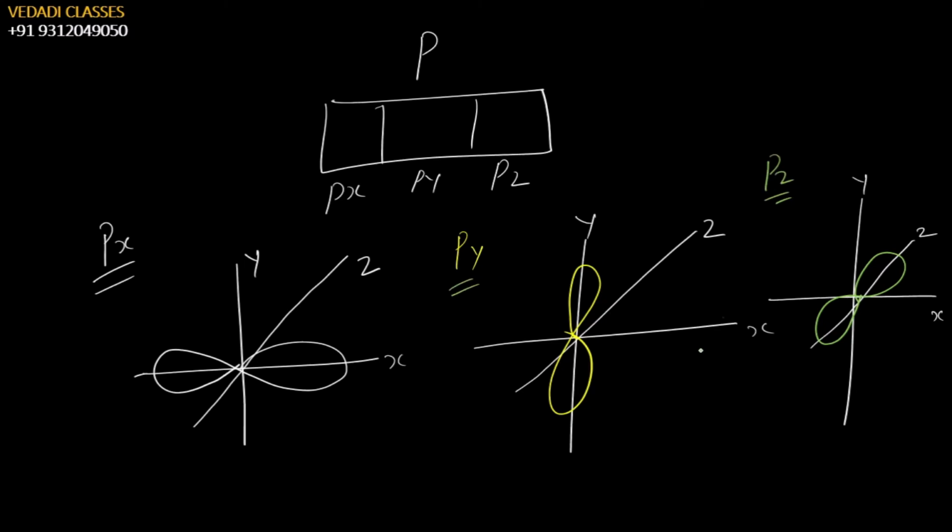So px, py, pz are all formed along their respective axes: x, y and z. Now we'll discuss the shapes of d orbitals.